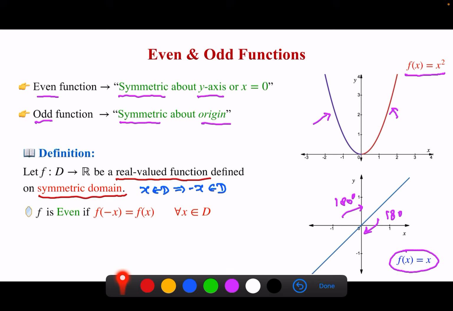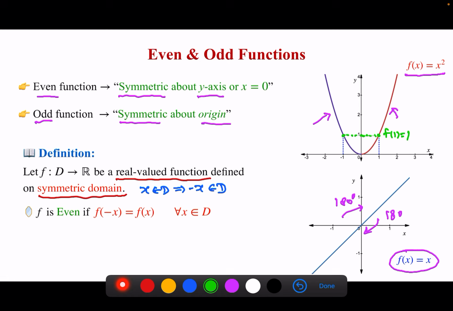See in the graph of function f(x) equal to x square. Here the function value at 1 is 1. Also the function value at minus 1 is also 1. So the function has the same value at 1 and minus 1.